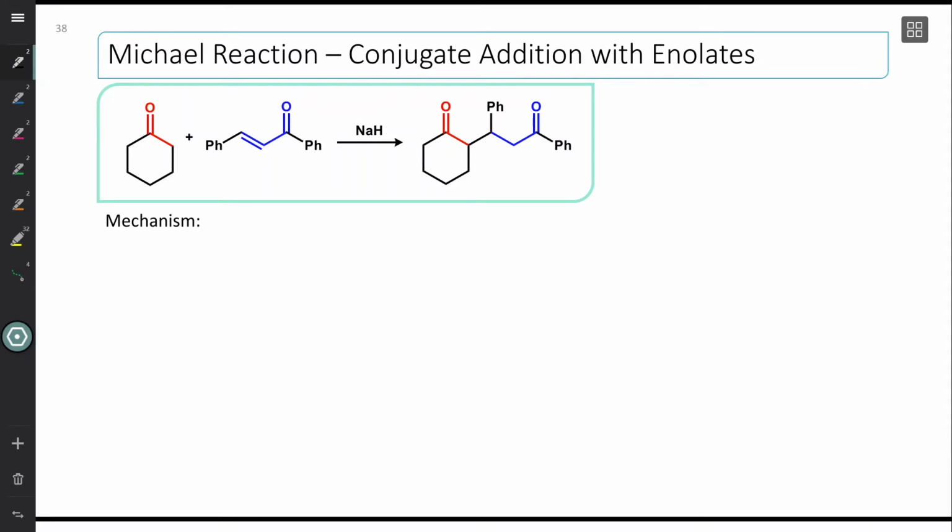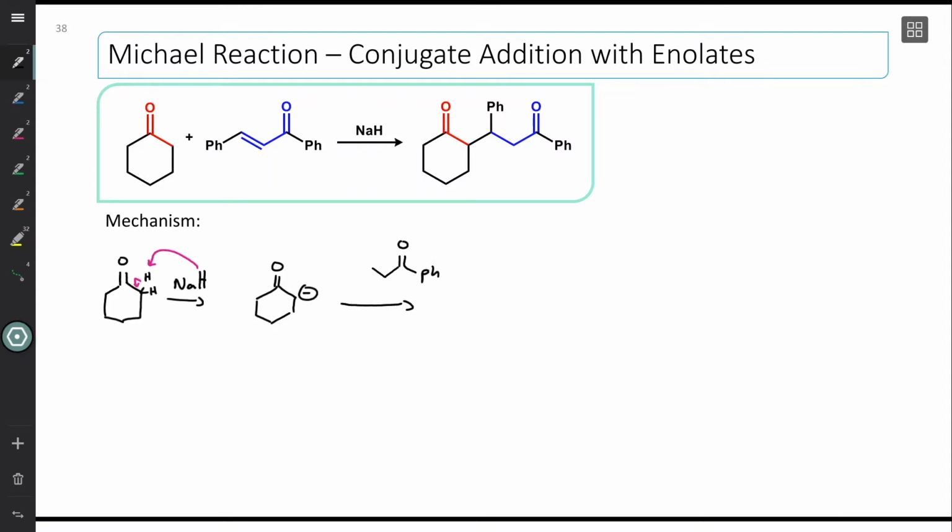So in this case, our cyclohexanone is going to get deprotonated by, this is a strong base, and form this enolate.